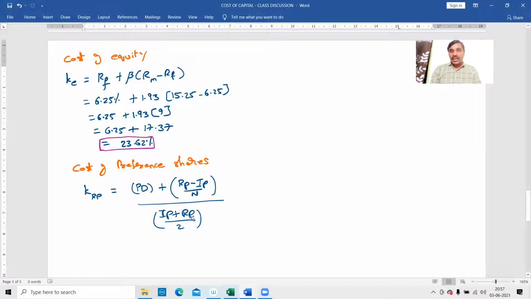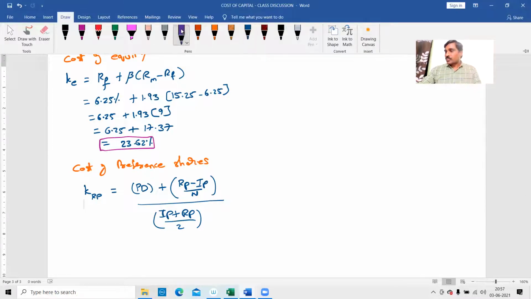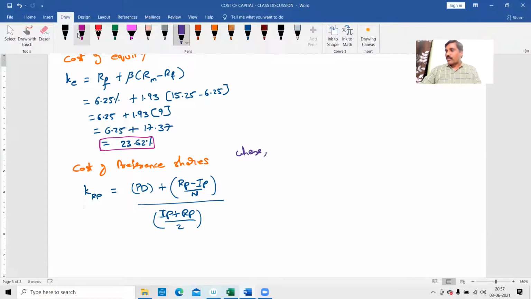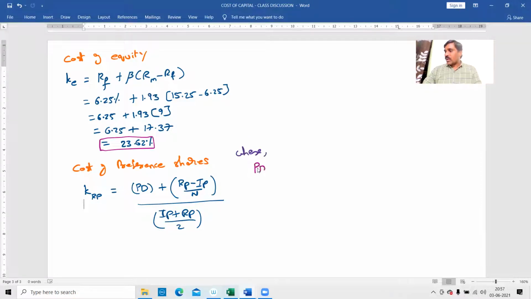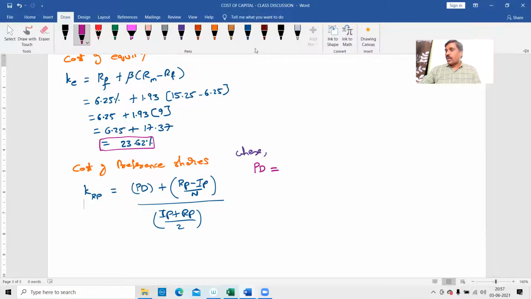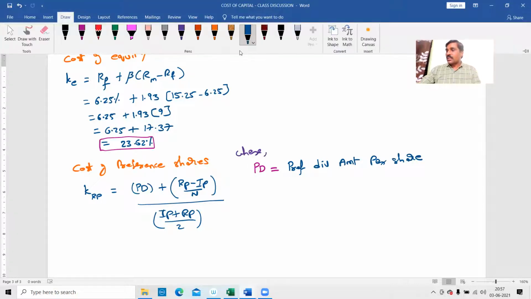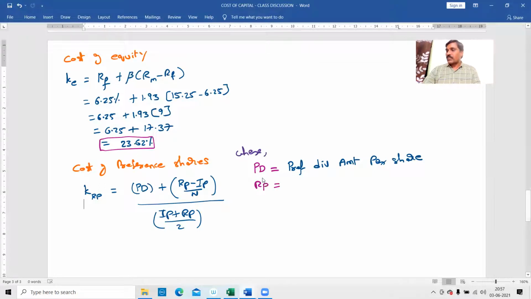What are the abbreviations for that? I have to give a description. Where PD is equal to preference dividend amount per share. RP is equal to redemption price.